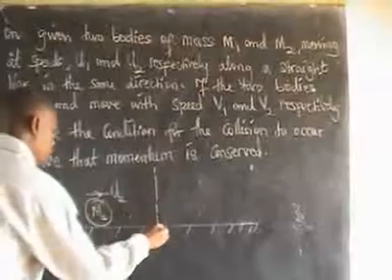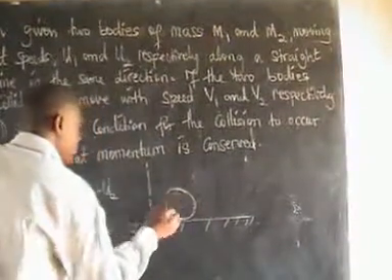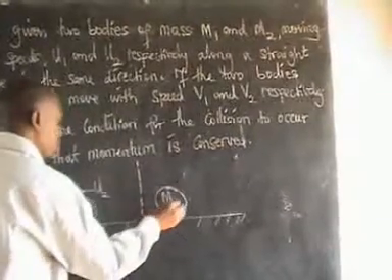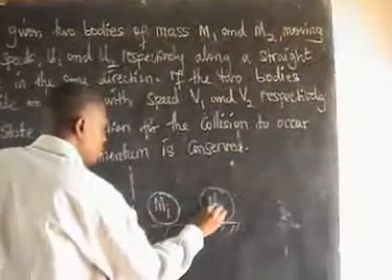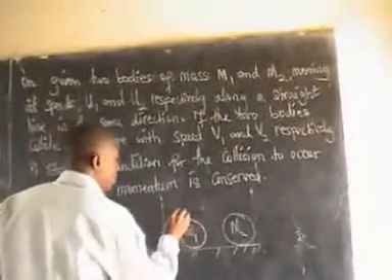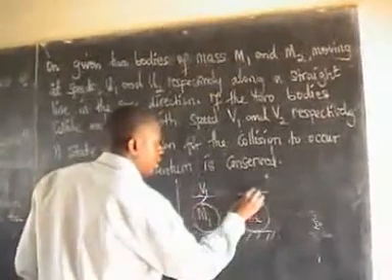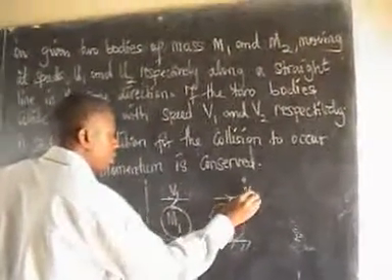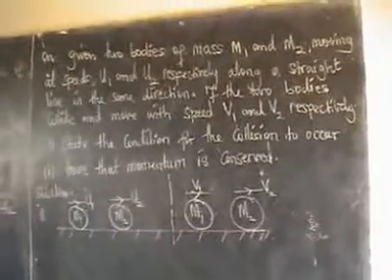Then after impact, this is mass m1 and this is of mass m2. This one moves with velocity v1 and also this one moves with velocity v2, ignoring friction.